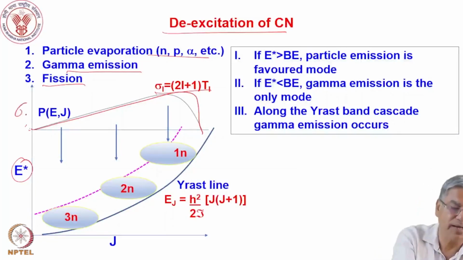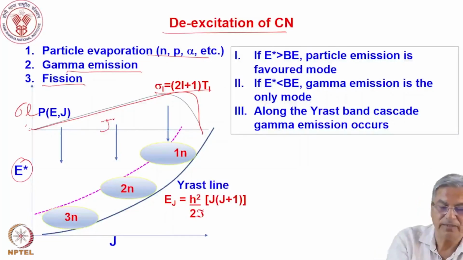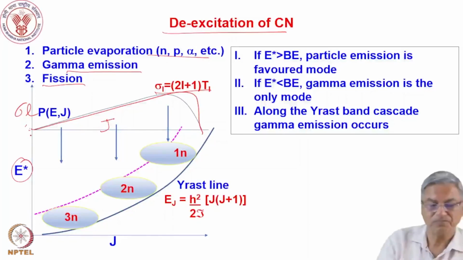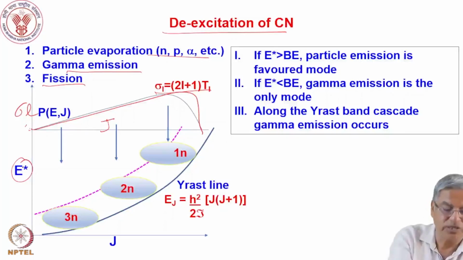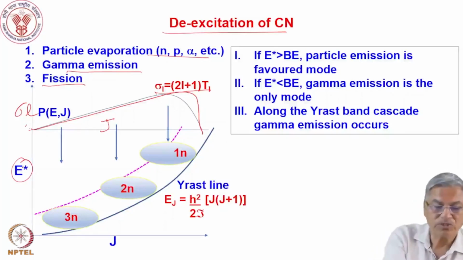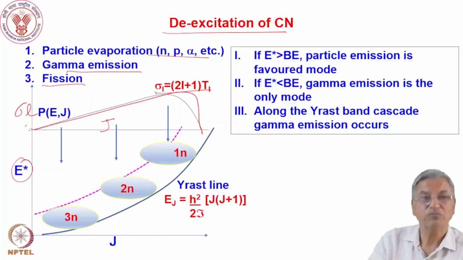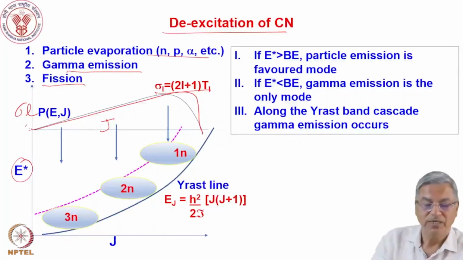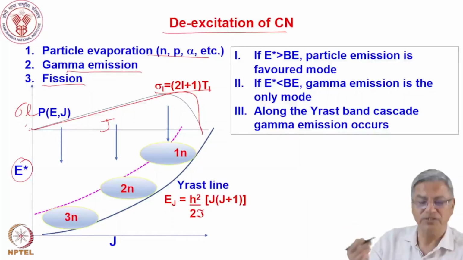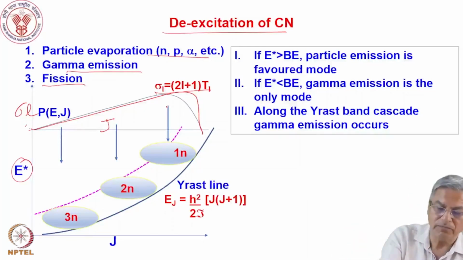So it is actually sigma L here, this is J, and here it is E star. It is a mixed diagram of excitation energy and angular momentum. This triangular distribution of the compound nucleus in excitation energy and angular momentum space will now dissipate its energy by emission of particles.